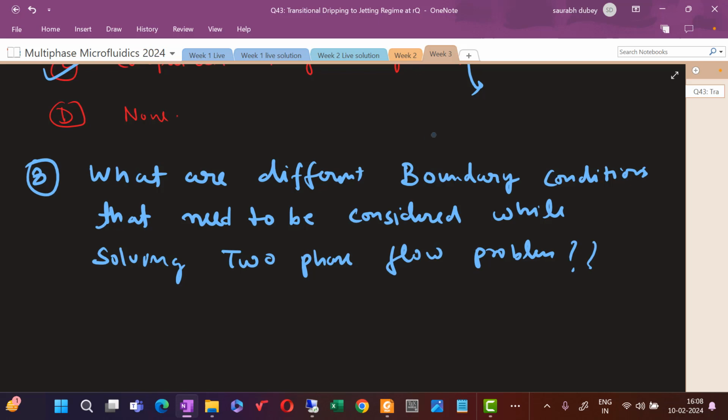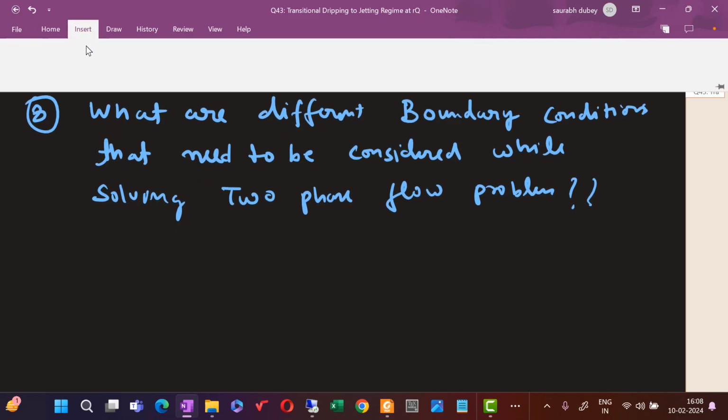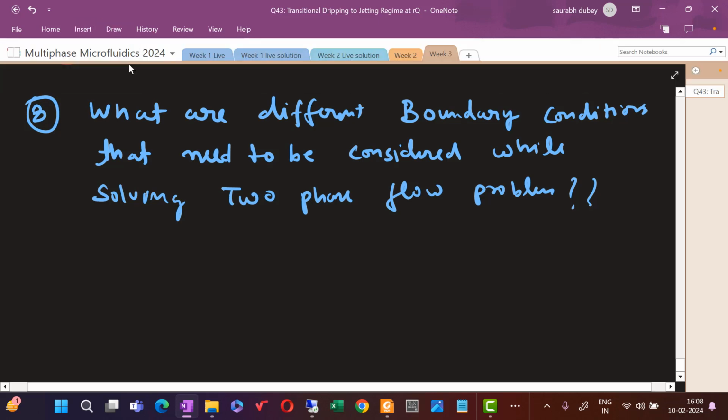Here there is no option. You have to just point them out, and then we will see what they are.